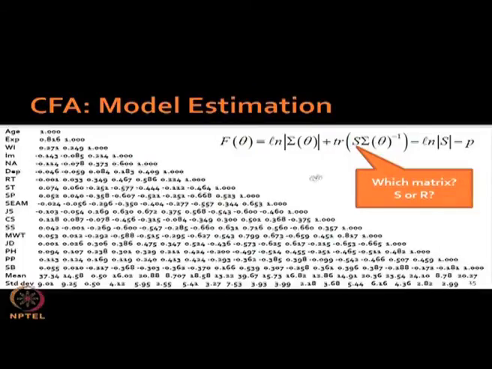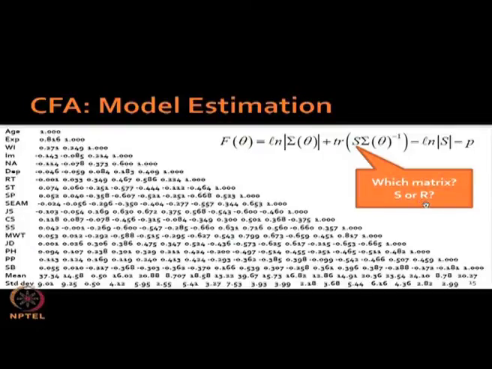Now, question, what do we want? We want basically to minimize this function, and this matrix is basically S, that is the sample covariance matrix, but actually we have taken the correlation. Now, the question comes whether covariance or correlation. It all depends on the purpose of the study.